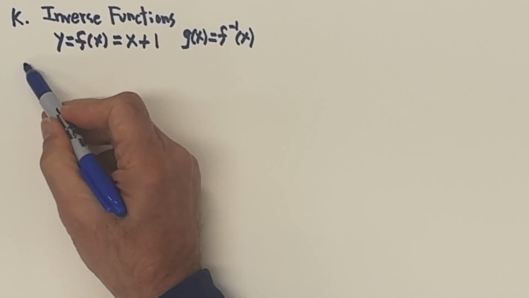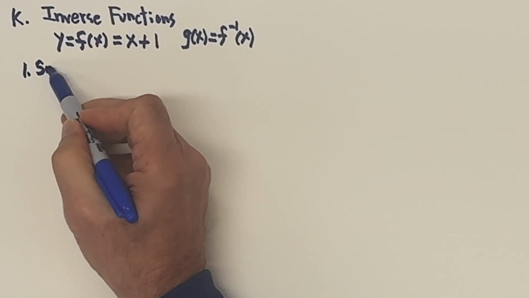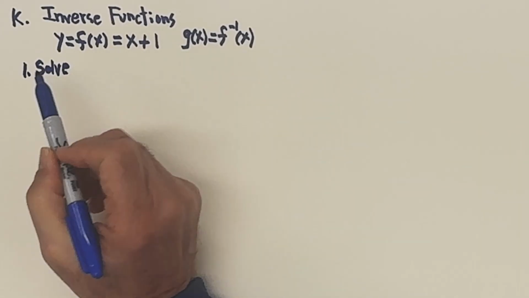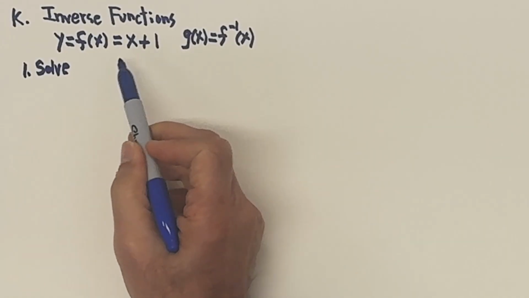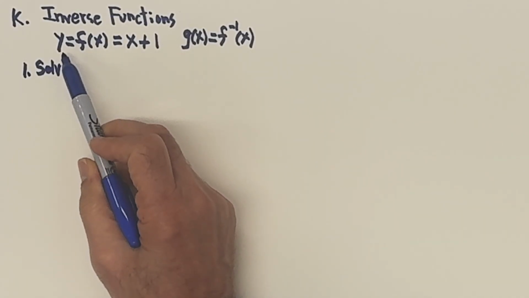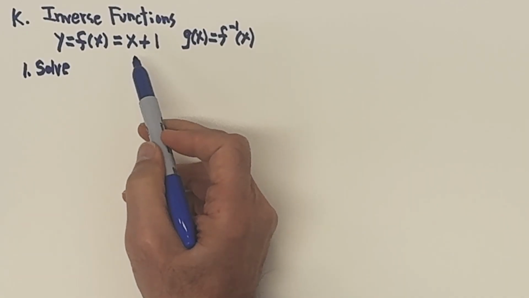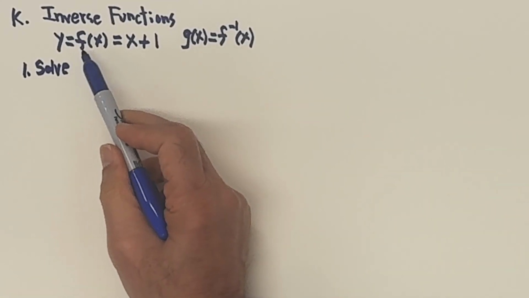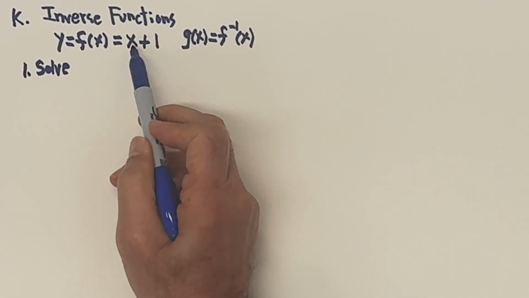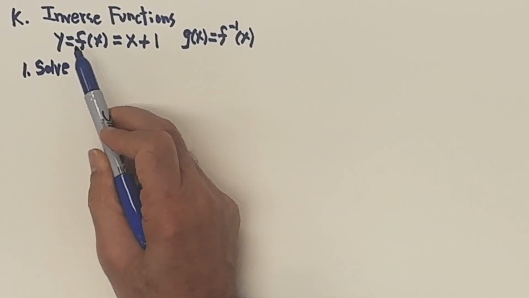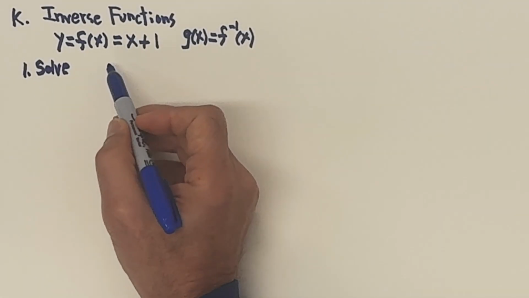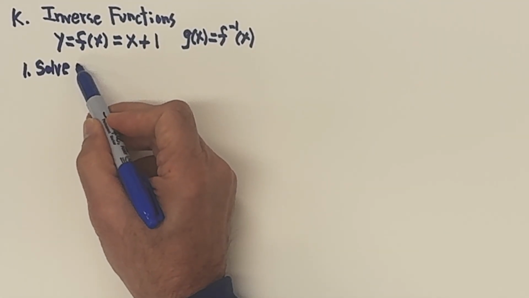Method 1, we're going to solve for x, because remember, for inverse, you give the y, then out comes the x. So for the regular function, the f function, I'm going to put in the x, and then out comes the y.